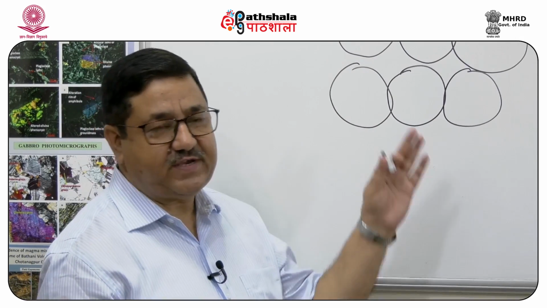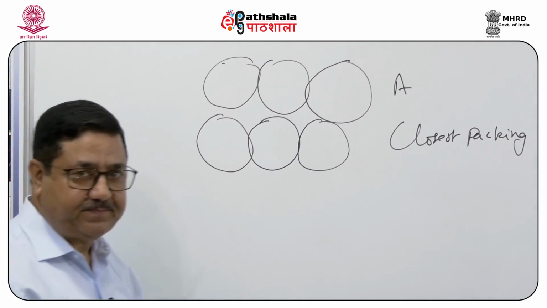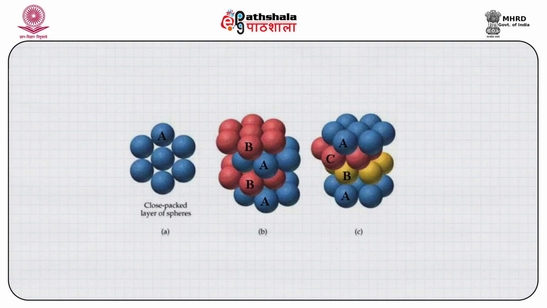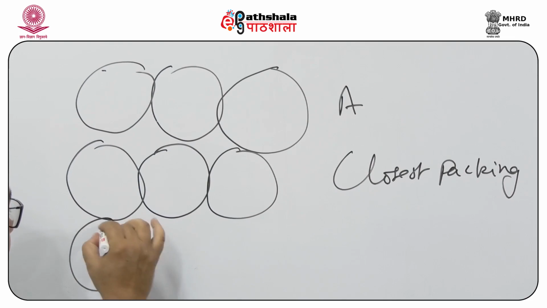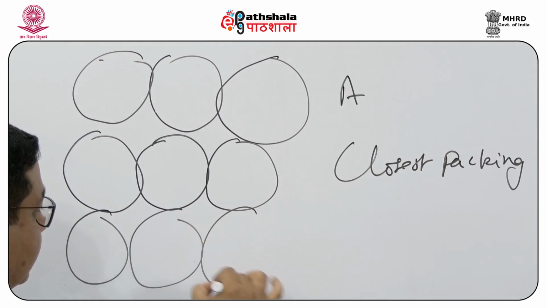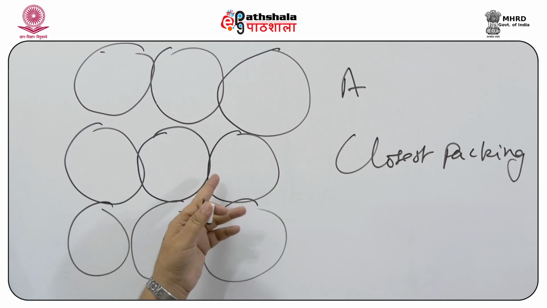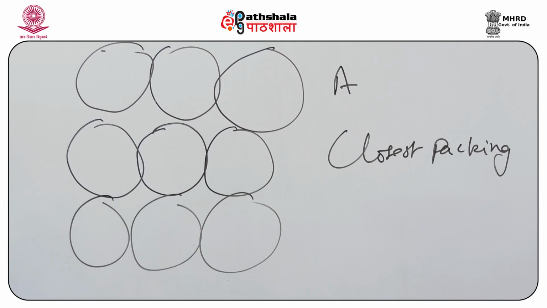So, one of the situations, supposing we label this layer as A layer, the type of spaces which are available are of two types. As you can see, they are more or less triangular spaces. Some of the triangular spaces point downward and some have apices upward.